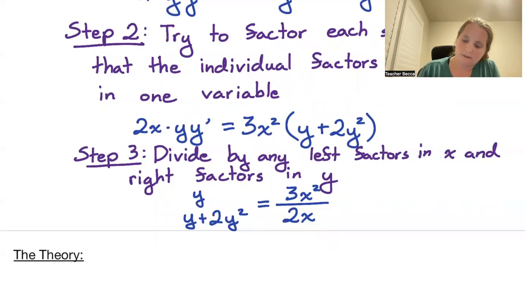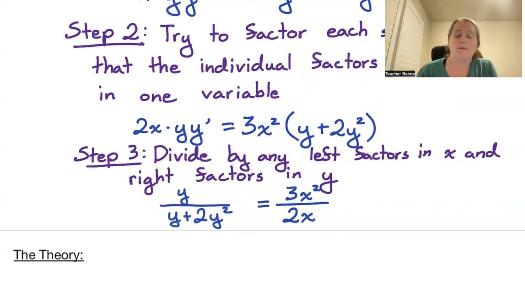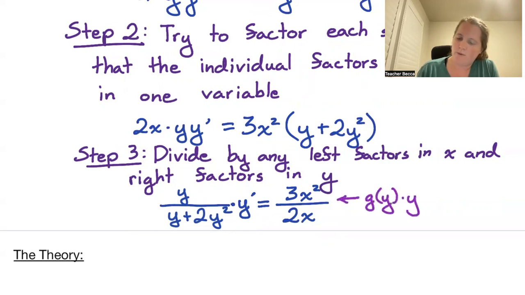I'm going to just shift the y side over so I can put the y prime afterwards. So we have y over y plus 2y squared times y prime equals 3x squared over 2x. So here we have essentially a function of y times y prime is equal to a function of x.